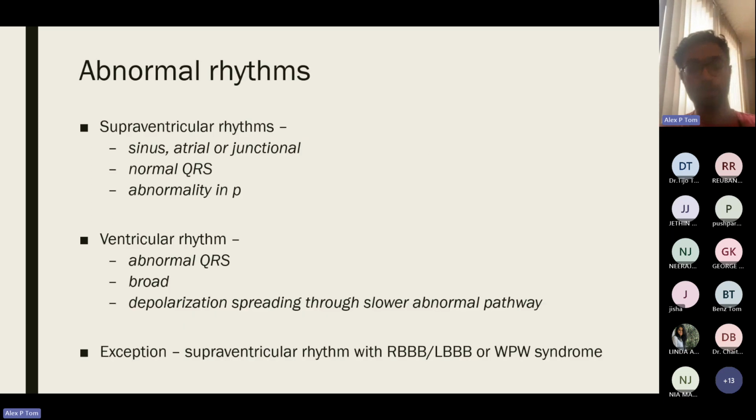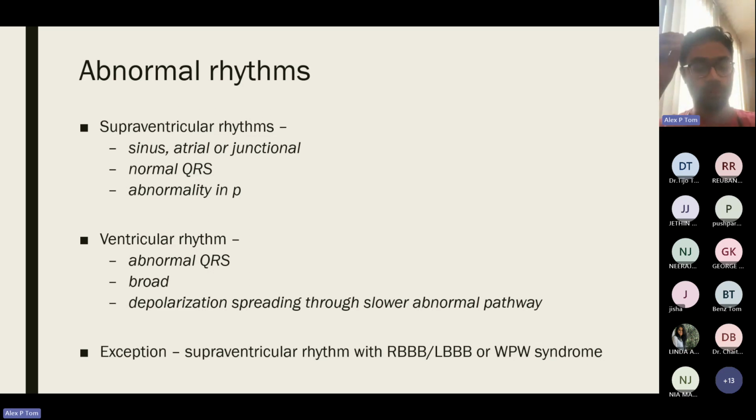Okay. Next, we go into abnormal rhythms. In the abnormal rhythms, we will be talking about supraventricular and ventricular rhythms. In supraventricular rhythms, it could be sinus arrhythmia, just like I told, and then atrial or junctional rhythms. In all these supraventricular cases, the QRS complex will be narrow, provided there is no bundle branch block or Wolff-Parkinson-White syndrome or anything like that.